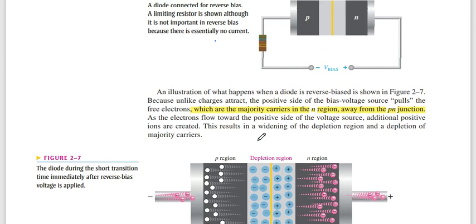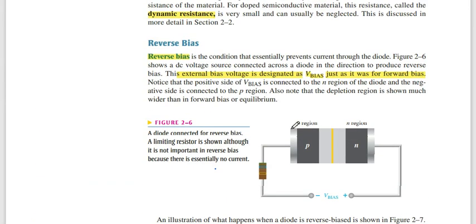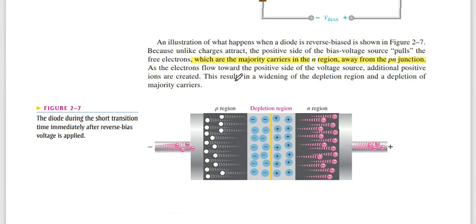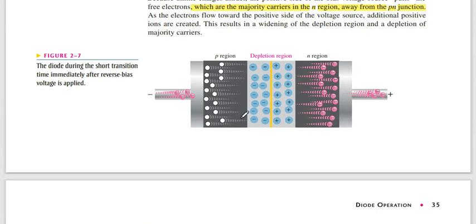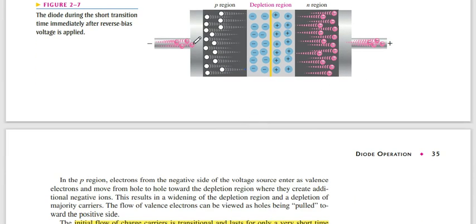And we mostly apply a diode to DC voltage. In this way, in reverse bias, the diode does not flow current.